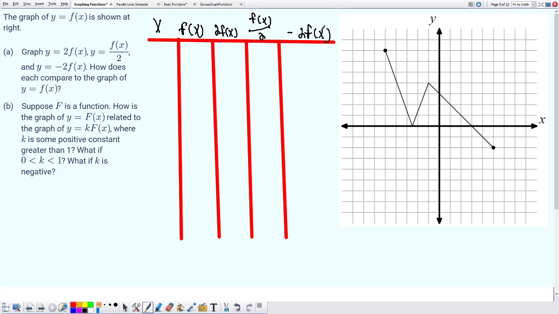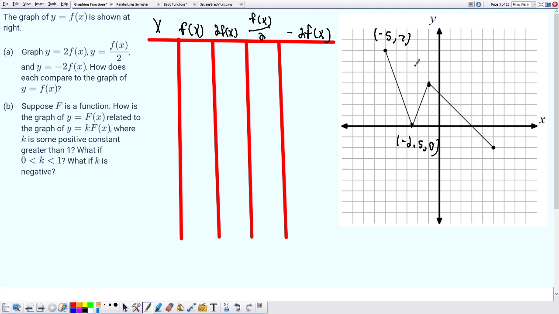Alright, so let's remember some of the points we've been using. Over here we have negative 5, 7. Then we have over here, about a half, so negative 2.5, and 0.